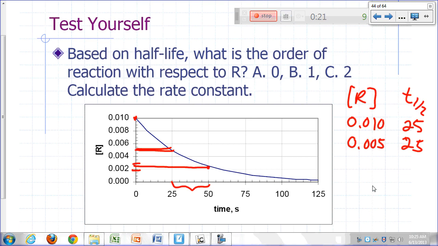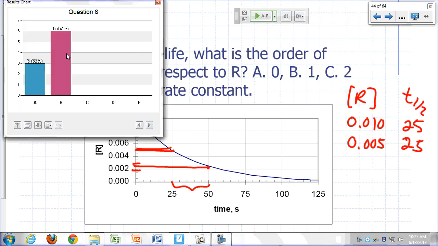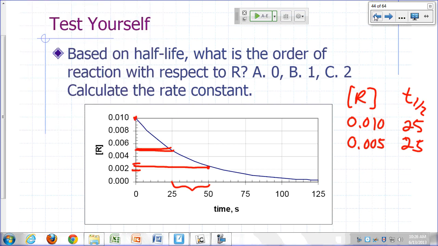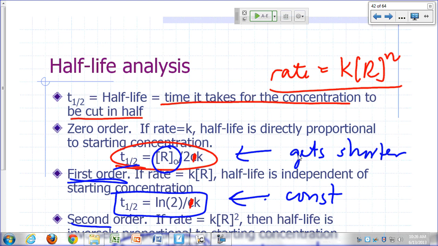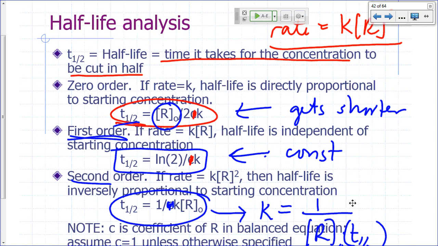The half-life gets longer if it's second order. So is it 0 order or first order? It's first order. Okay. Going back and here. Look, it gets longer if it's second order. The half-life is constant.